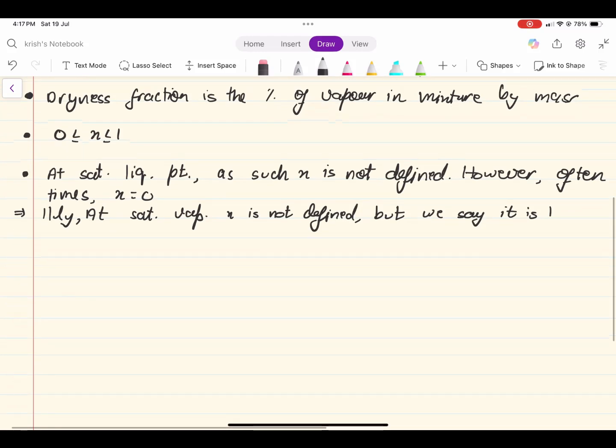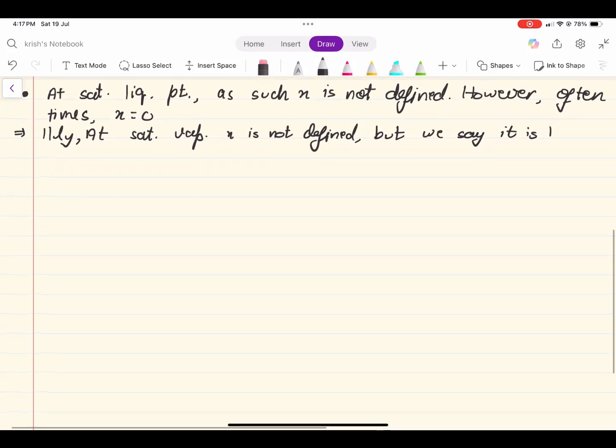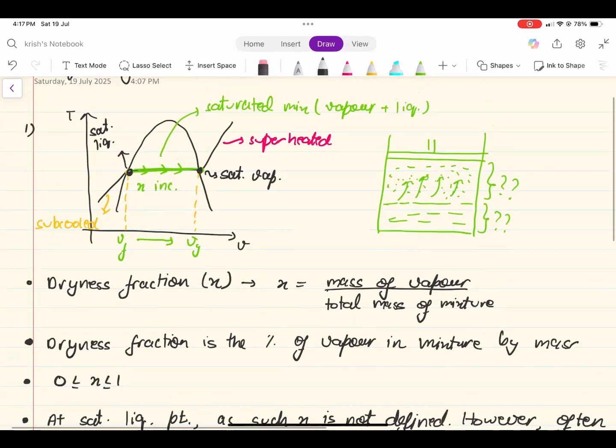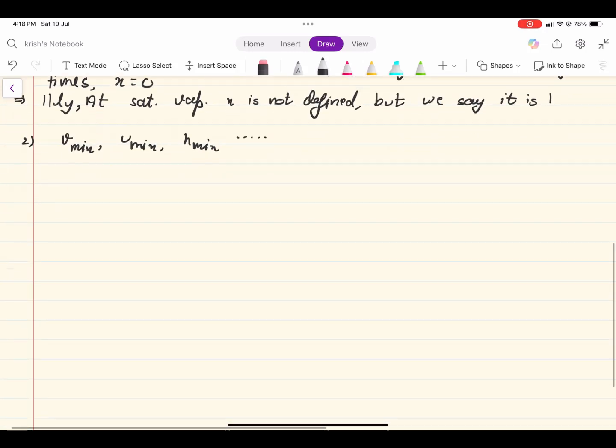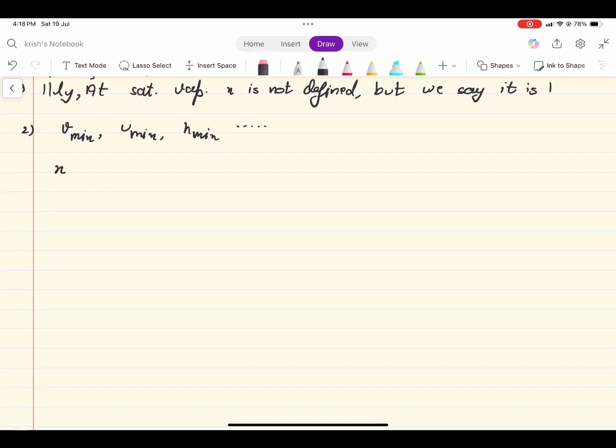Now, a very good use of this dryness fraction will come when we want to determine the specific volume of the mixture, or the specific internal energy, or the specific enthalpy, and so on and so forth. So how will that happen? We saw previously that x equals m vapor by m total. We can also write it as V minus Vf upon Vg minus Vf.